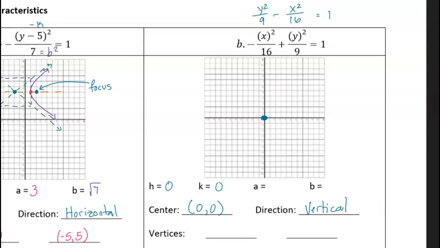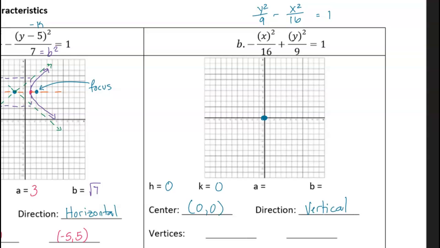And which one determines our A, the 9 or the 16? The 9. It's no longer, oh, the bigger number is the A. That's no longer the truth. That's how an ellipse worked.